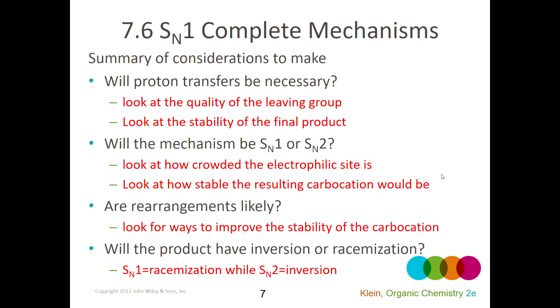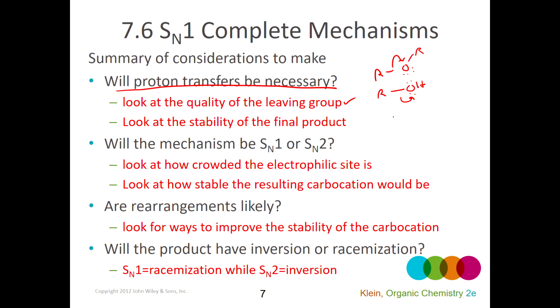All right, so to summarize what we just talked about, if you're trying to decide if there are proton transfers in the mechanism, look at the quality of the leaving group. If it's not a good leaving group, you might need to transfer a proton to it before it can leave, right? If I have an OH or an OR, a neutral oxygen, if it were to leave, it would create a negative charge on an oxygen.